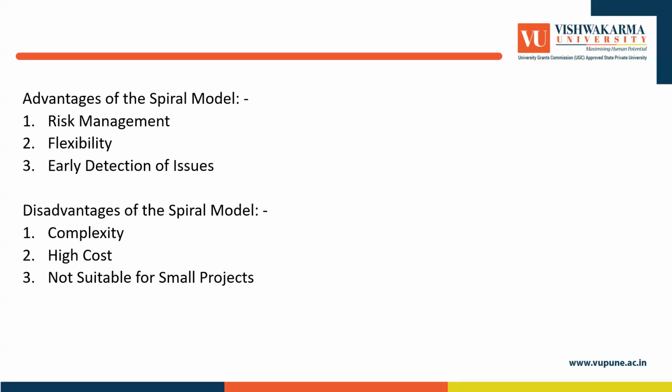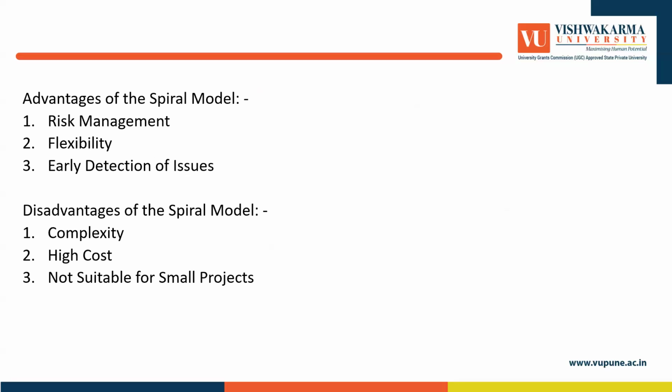Now, see the advantages and disadvantages of the spiral model. The first advantage is risk management. The model emphasizes risk analysis, helps identify risks early, reducing potential project failures. Then the next advantage is flexibility.